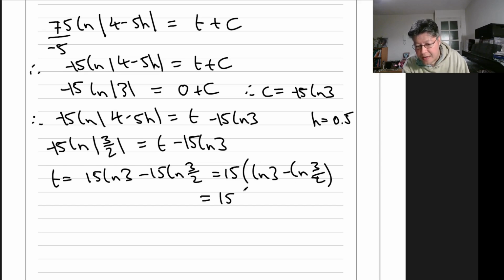So that's 15 ln, and to subtract two logs you divide the two numbers, so 3 divide 3 over 2, that equals 2, so this is ln 2. So t equals 15 ln 2.